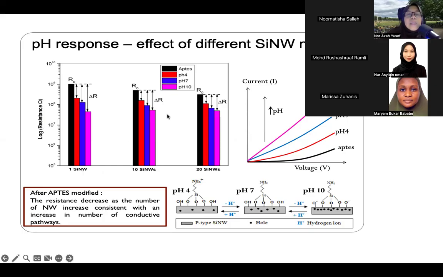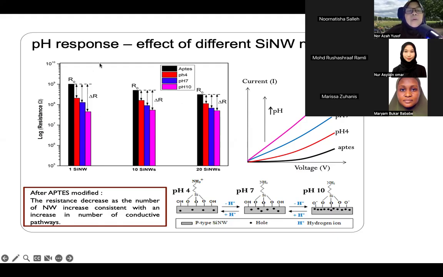And if you study the pH, whether different pH is affecting the silicon nanowire reading.